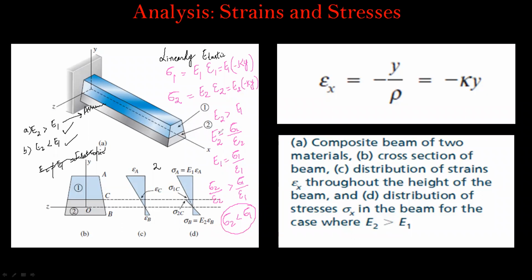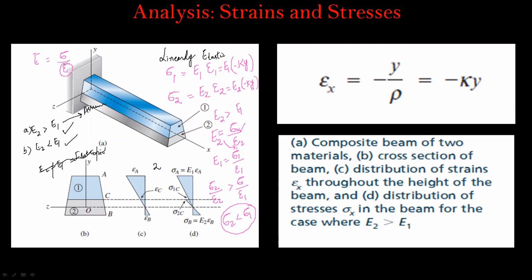The value of E is inversely proportional to eta for the same value of sigma. So if E2 of a material is greater than E1 of another material for the same value of stress, then say, for example, the definition is E is equal to sigma divided by eta. So we define E as the amount of stress required to produce unit strain in a material.